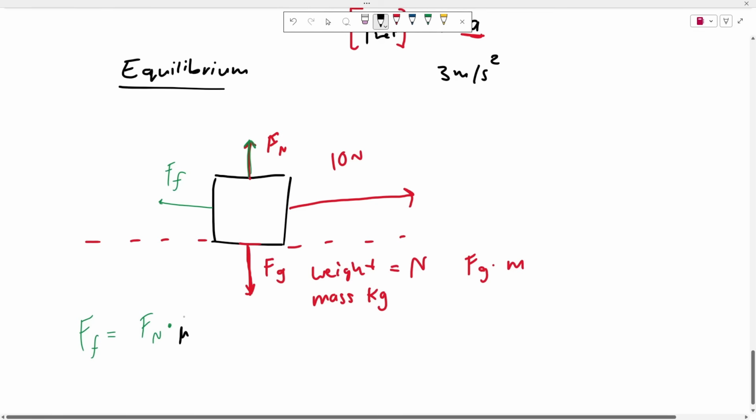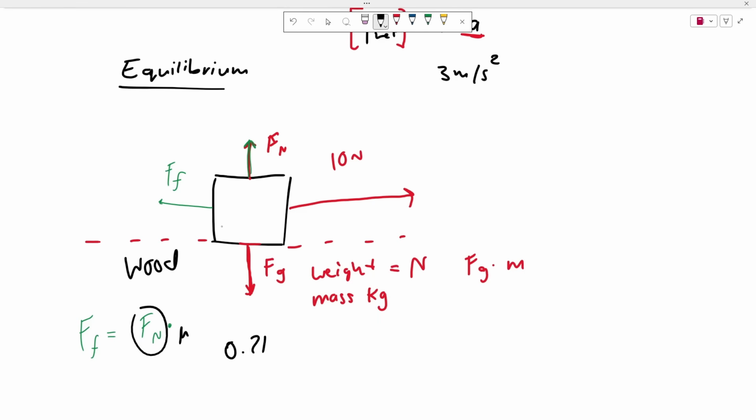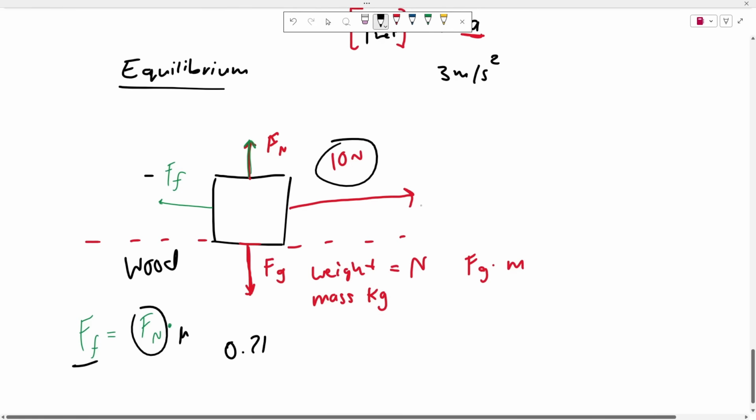The Regents reference table has all of those coefficients. If this was wood, the coefficient would be like 0.71, and you just multiply it by the normal force, or the force of gravity, it doesn't matter which one you use. Just know that your force of friction has to have the sign that's opposite whatever force is being exerted to pull this object that way, okay?